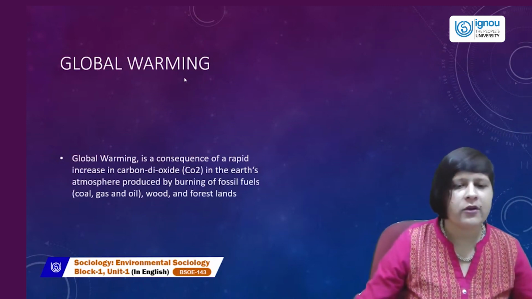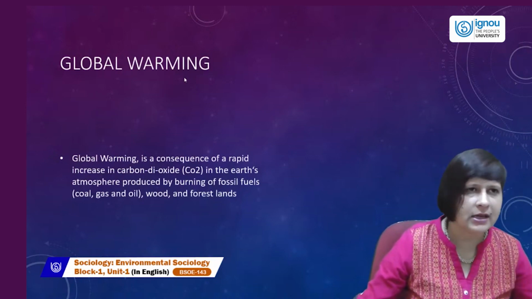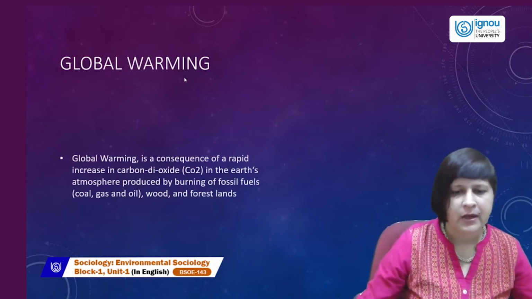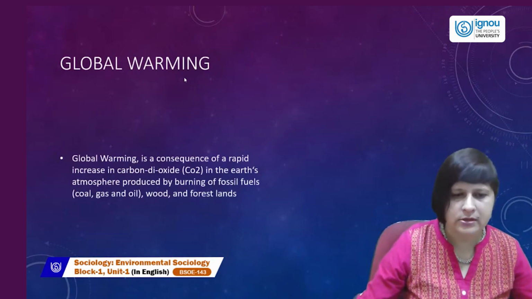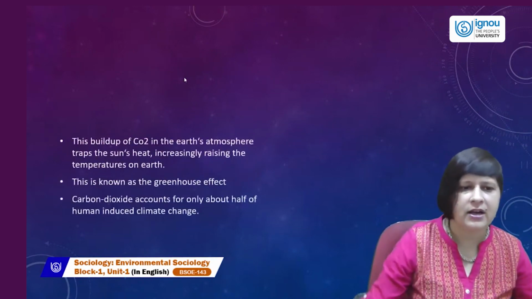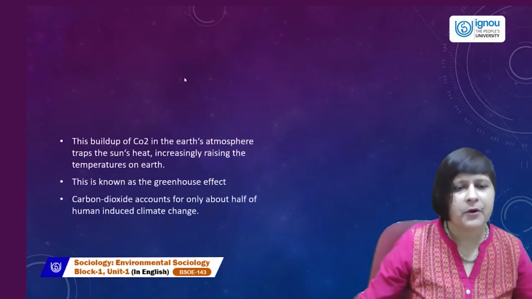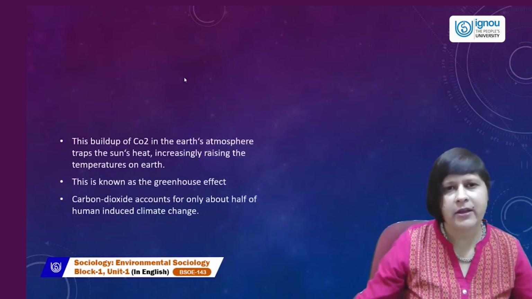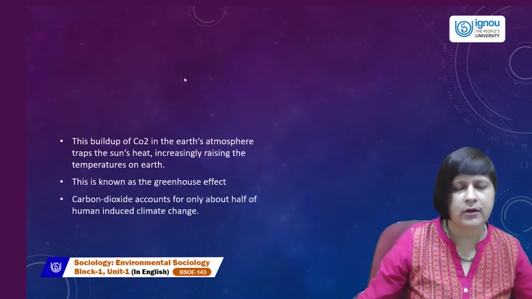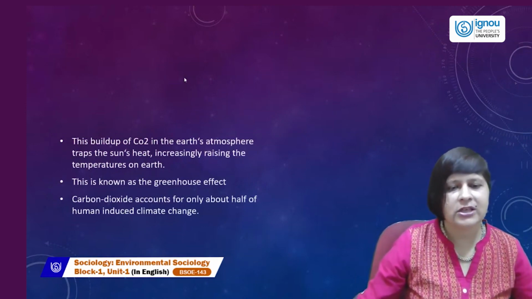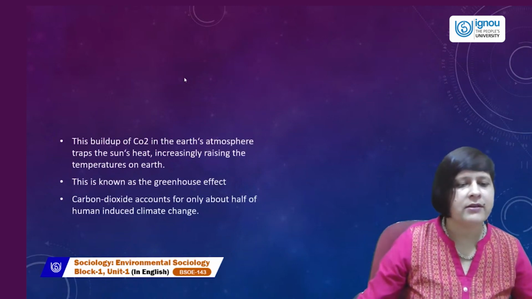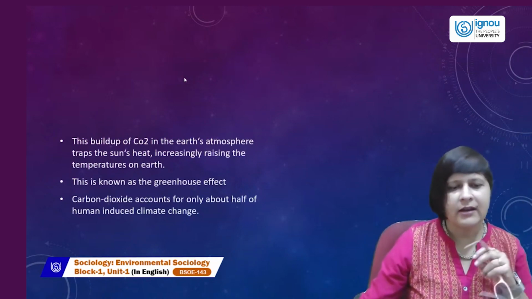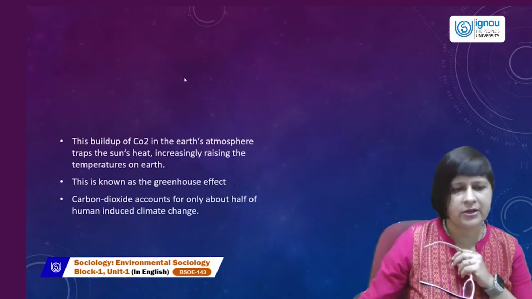Global warming is a consequence of rapid increase in carbon dioxide in the Earth's atmosphere by burning fossil fuels, woods, and forest land. This buildup of carbon dioxide in the Earth's atmosphere traps the sun's heat, increasingly raising the temperature of the Earth, and this is known as the greenhouse effect.